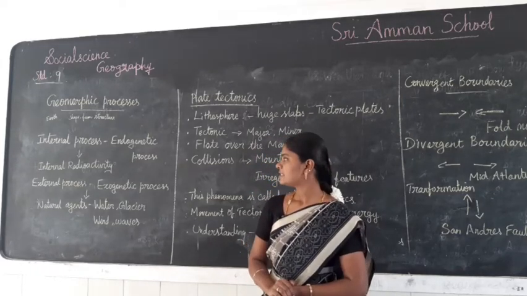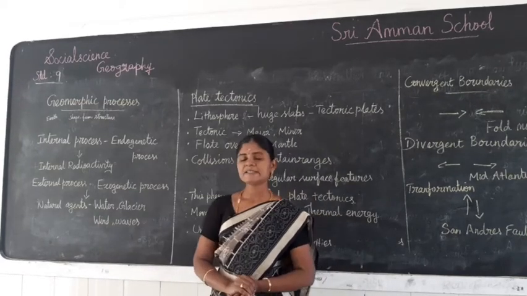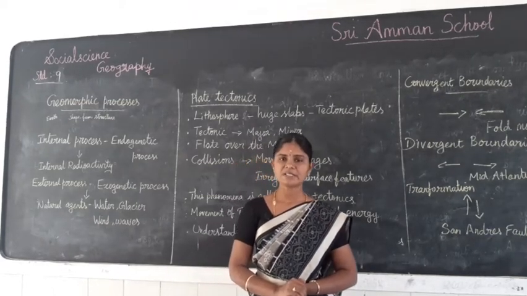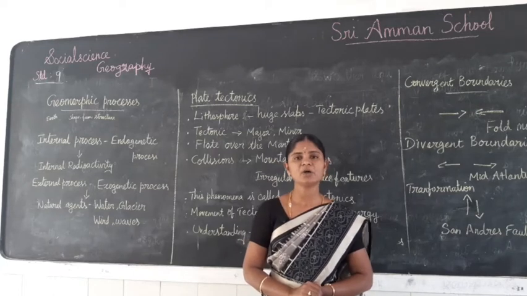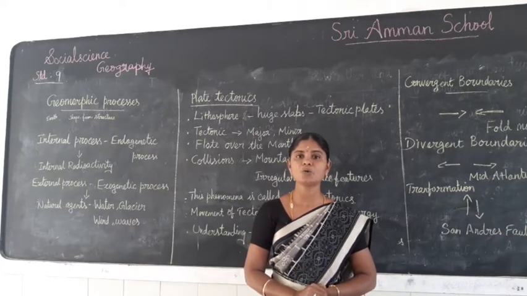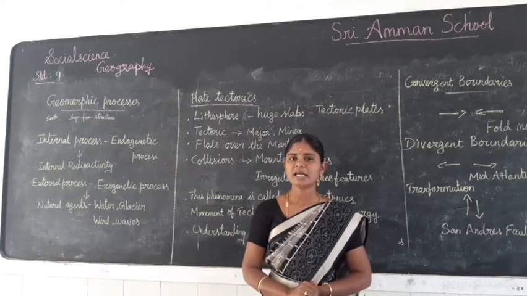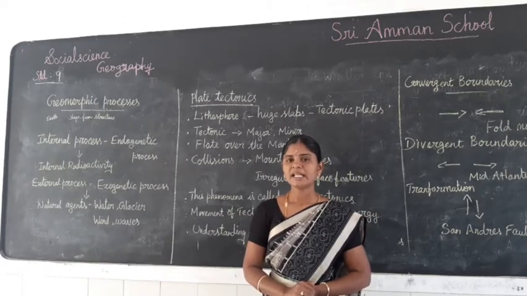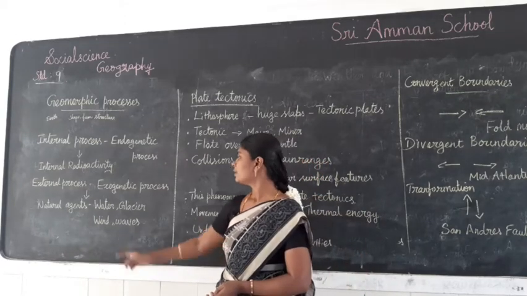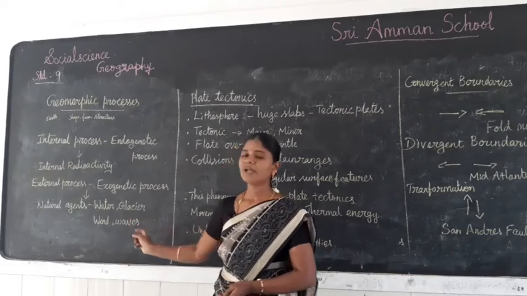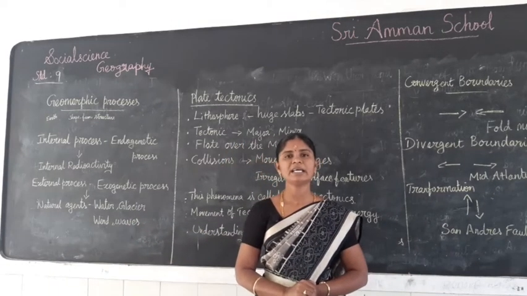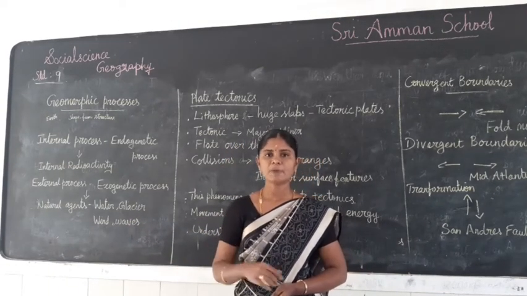Next we see the external process, that is the exogenetic process. The forces that act on the earth's surface from outside are called the external process. Natural agents like water, glaciers, wind and waves take part in the external process.